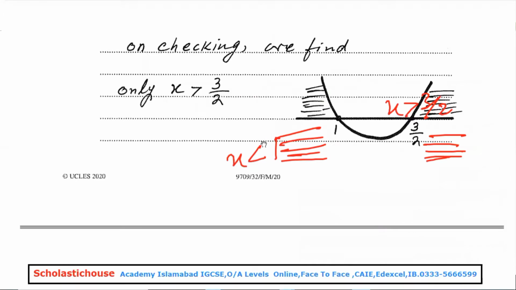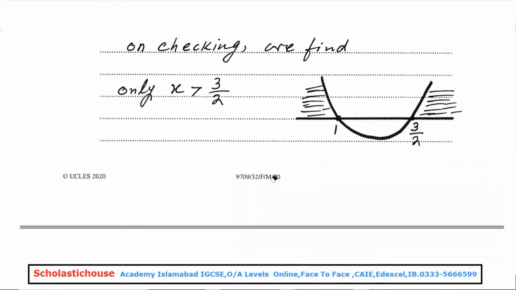So there is only one answer, which is x greater than 3 over 2. This question is taken from February-March 2020.